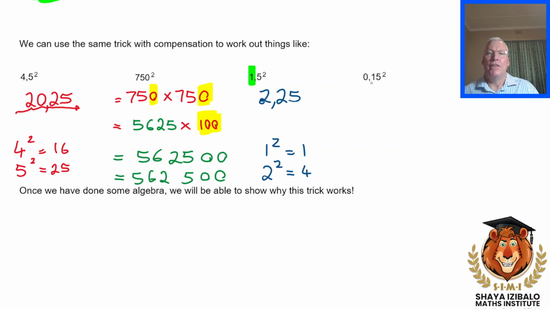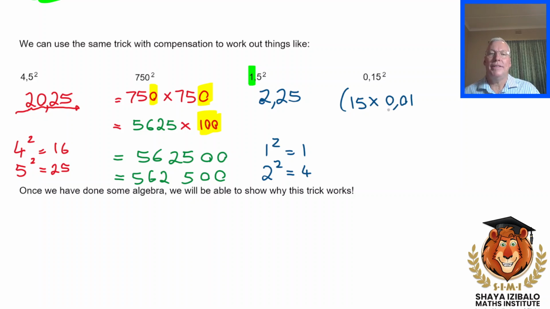Okay, and now this one here, 0.15 squared, right? Well, 15 squared, I'm going to show you a way of looking at this, okay? Let's go for 15 times 0.01.